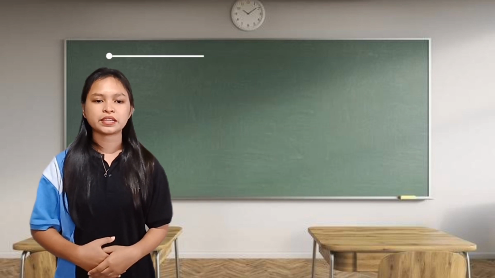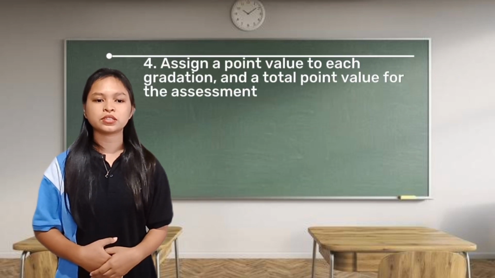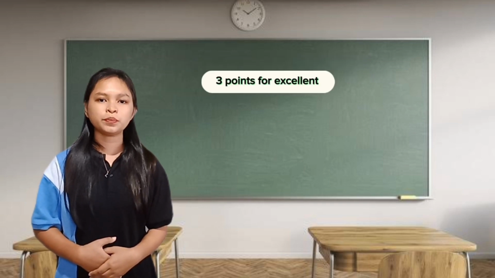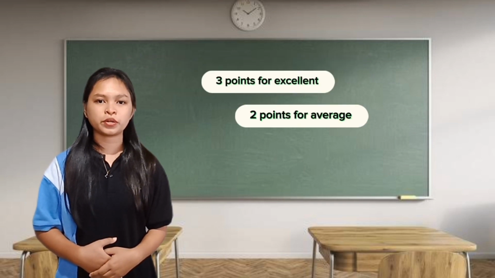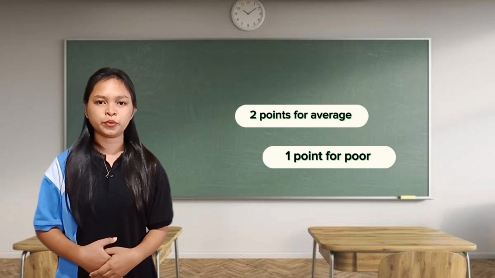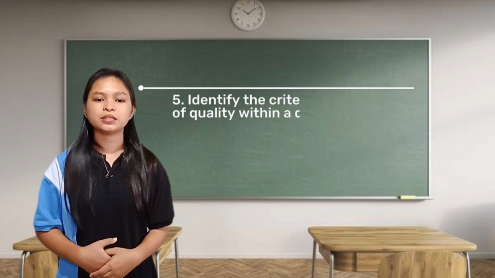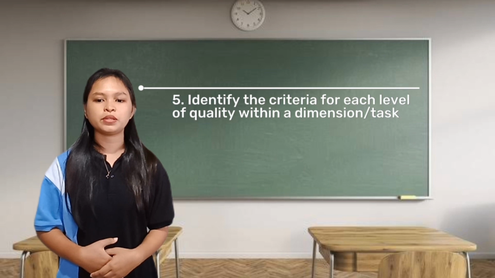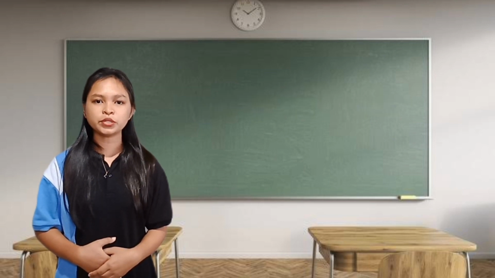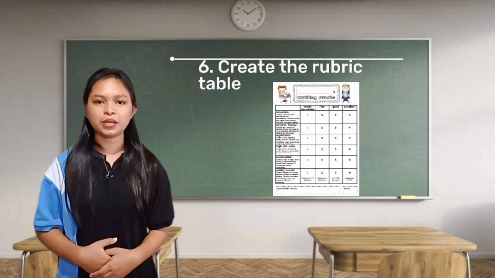Number 4, assign a point value to each gradation and a total point value for assessment. Example, 3 points for excellence, 2 points for average, and 1 point for poor. Number 5, identify the criteria for each level of quality within a dimension task. And last, number 6, create a rubric table.